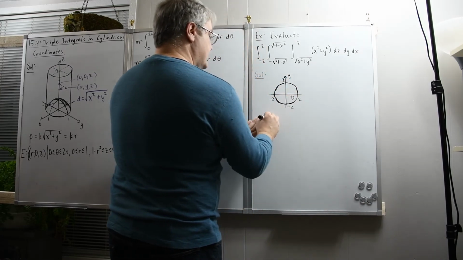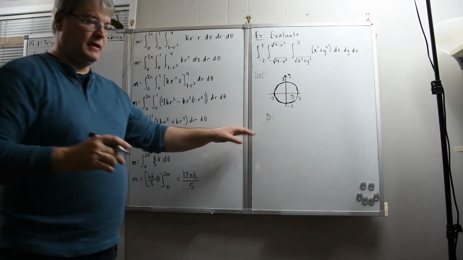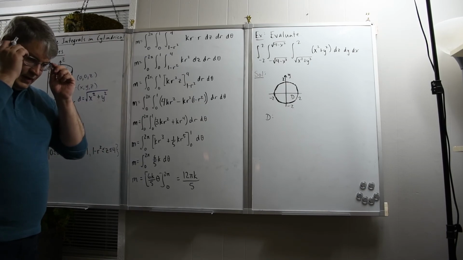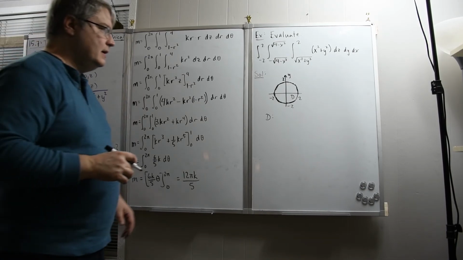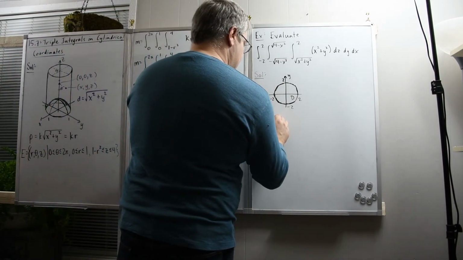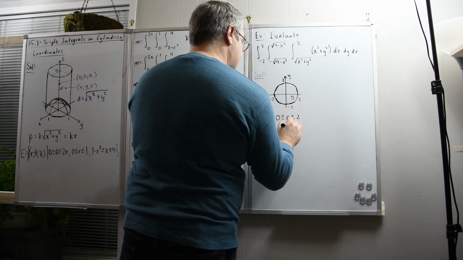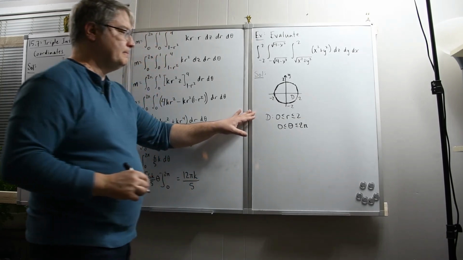So if we call this region D, D can actually be defined or described very conveniently in terms of r and theta. So r is going to be bounded by 0 and 2, while theta is bounded by 0 and 2 pi.